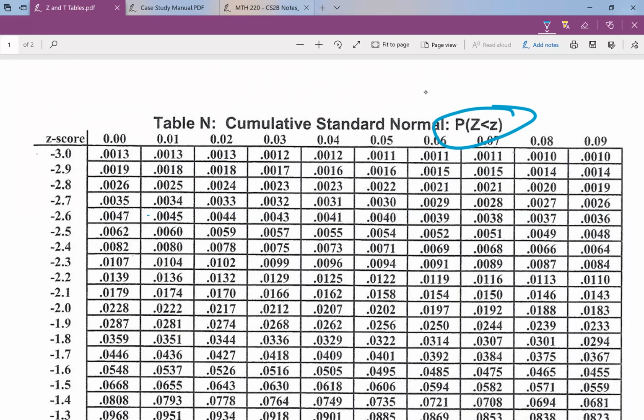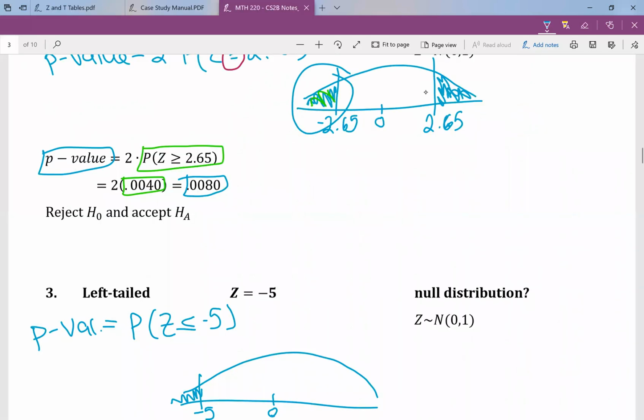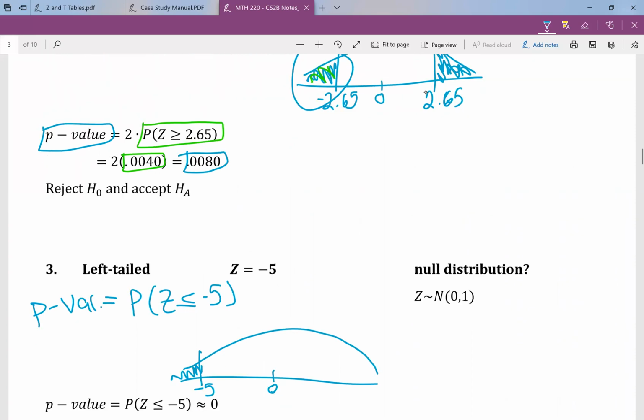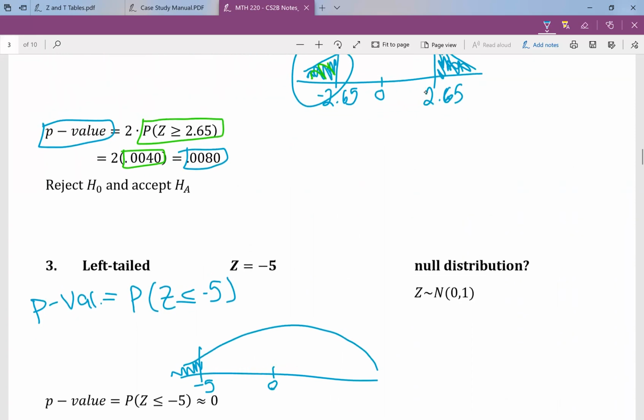Whenever our Z-score falls off the chart, we either say that it's about 0 or about 1. So what do you think the answer is going to be for this problem? It's going to be approximately 0.